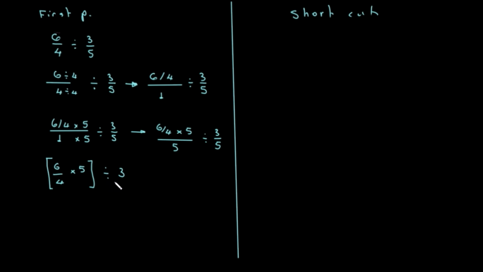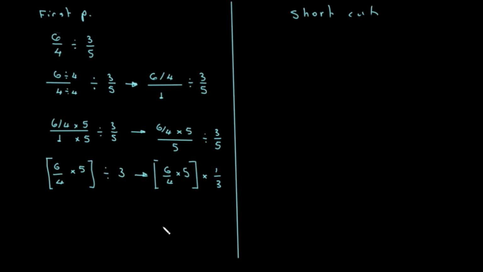But suppose I were to change this such that we had 6 over 4 times the 5 times 1 over 3. That is the same as divide by that.